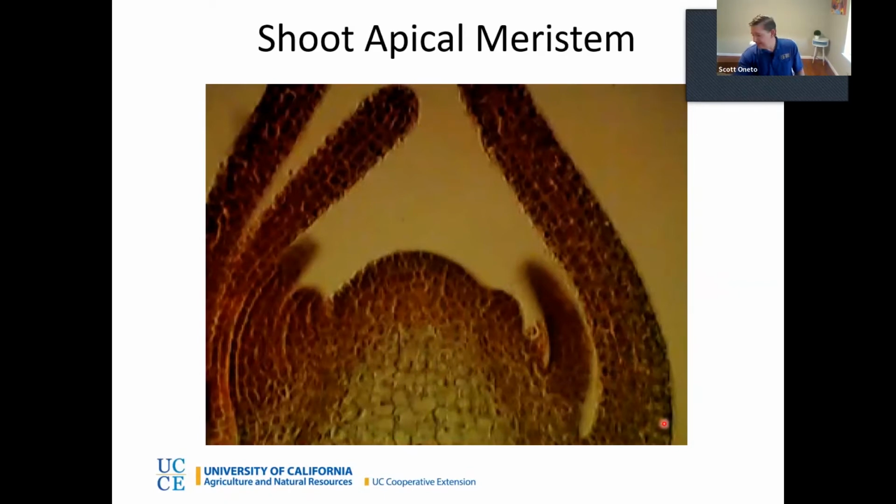And so we can see that, of course, in a Brussels sprout. So we've got a cool little Brussels sprout right here, right?